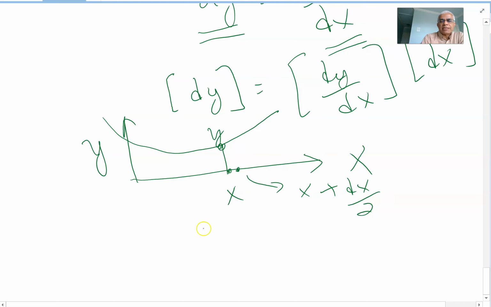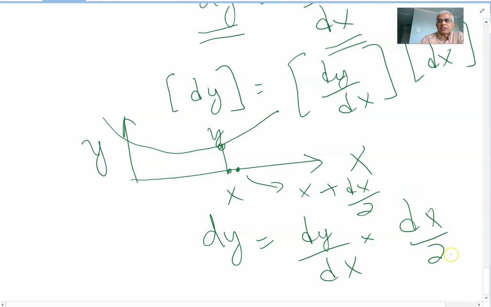The change in y, dy, would be the rate of change of y with respect to x, and in this case, the change in x is simply dx over 2. So if I go a distance dx over 2, the new value of y would be this, and this difference is the quantity dy.